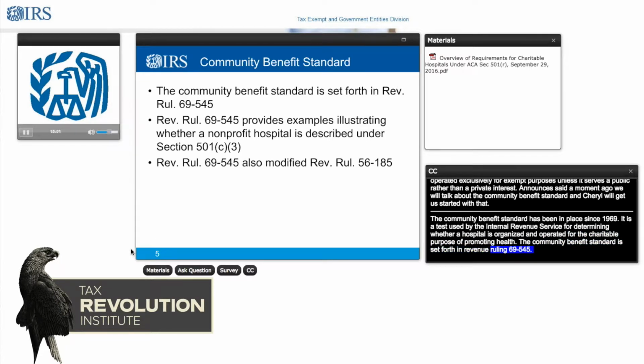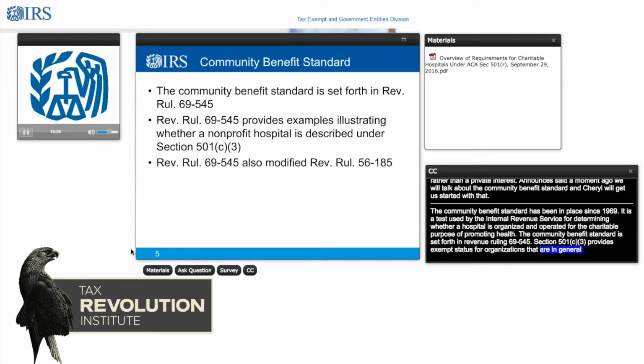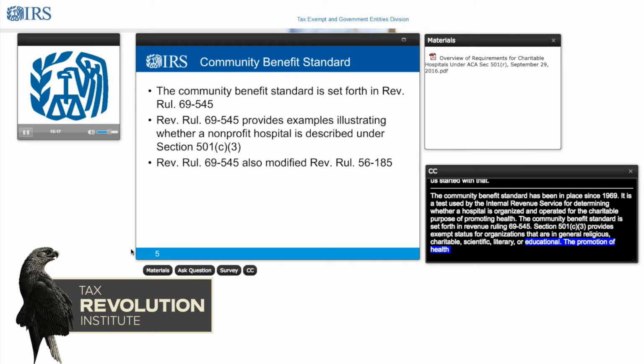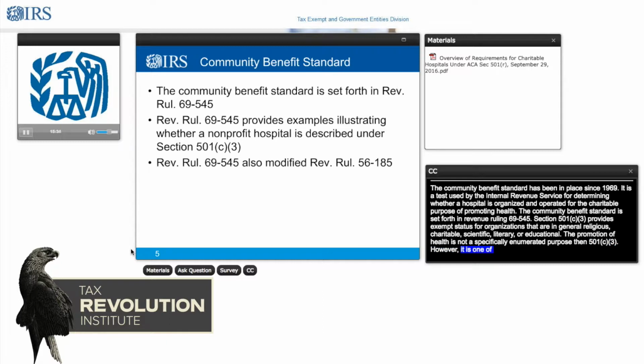Section 501(c)(3) provides exempt status for organizations that are, in general, religious, charitable, scientific, literary, or educational. The promotion of health is not a specifically enumerated purpose within Section 501(c)(3). However, it is one of the purposes in the general law of charity that is deemed to be beneficial to the community as a whole, even though the class of beneficiaries eligible to receive a direct benefit from its activities does not necessarily include all members of the community.